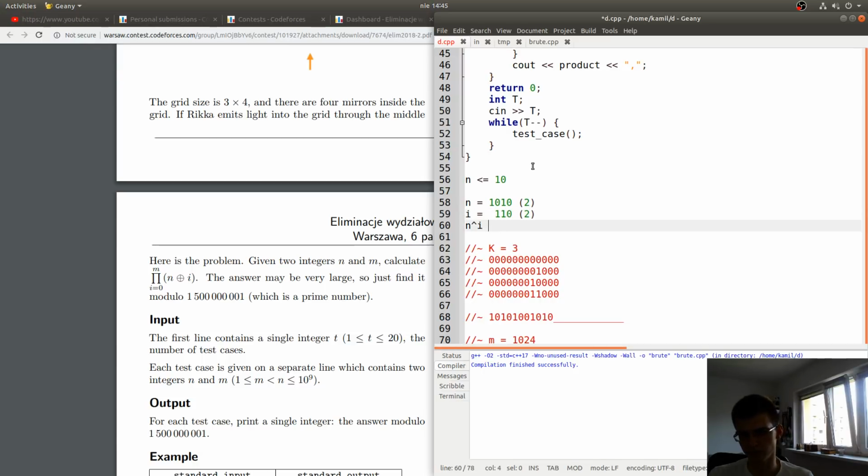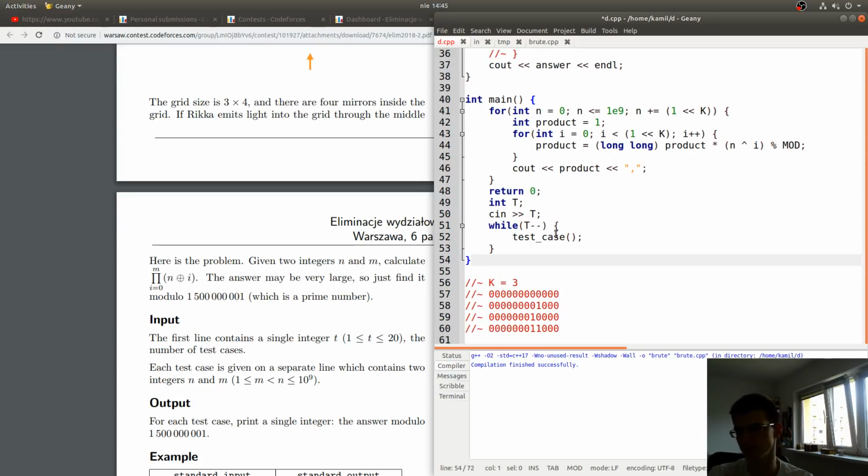Then the XOR of these two would be 1, 1, 0, 0. What is that in decimal? 8 plus 4, so 12. So this value exceeds 10. During the contest it took me a moment to realize that.